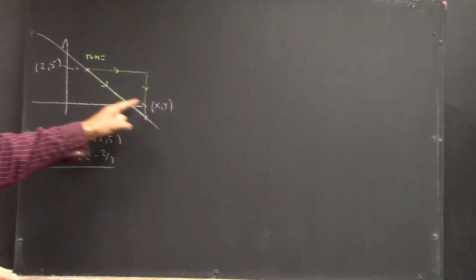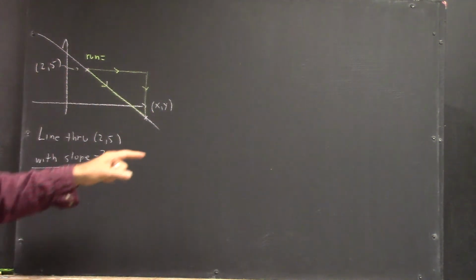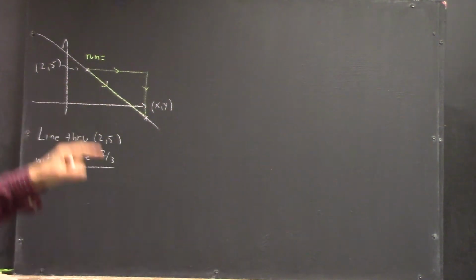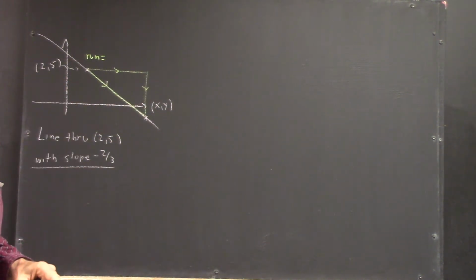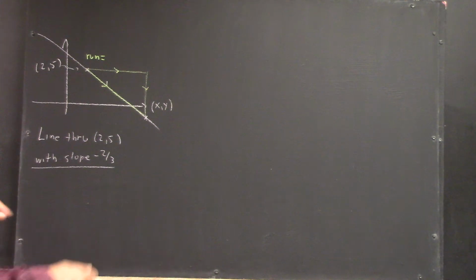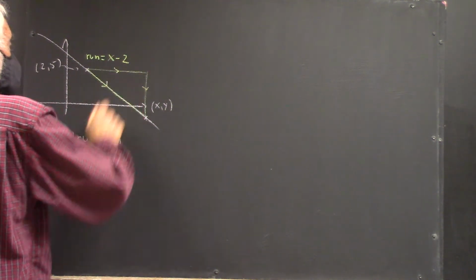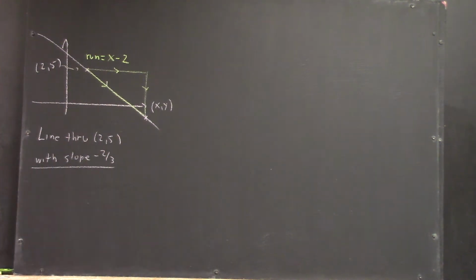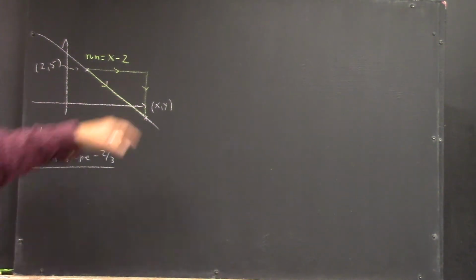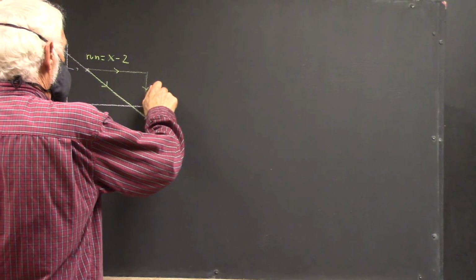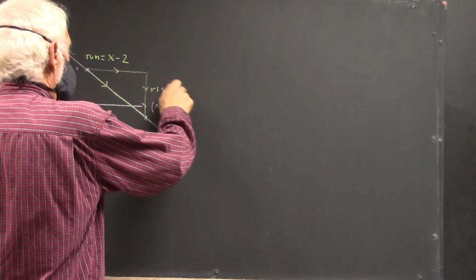You subtract the x coordinates, right? X coordinates are x and 2. Okay? So run is going to be x minus 2. Now quickly on your fundamental triangle. What's the rise?